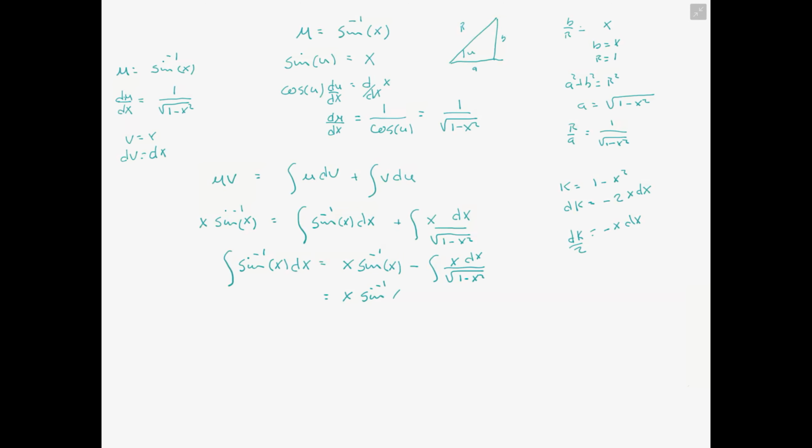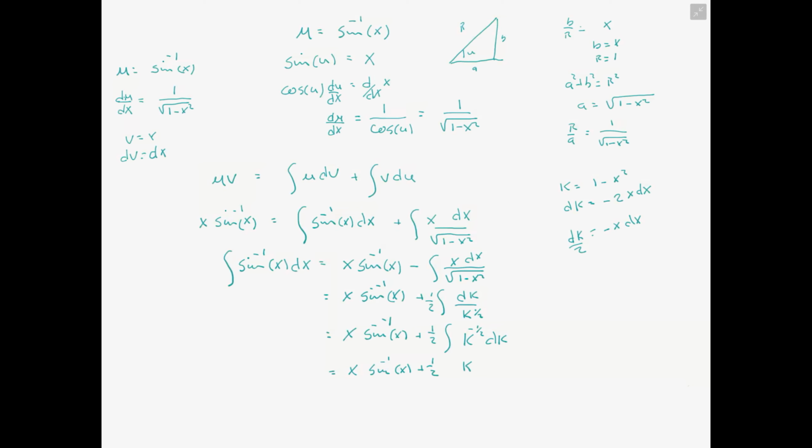We have x arc sine of x plus 1/2 k dk on k to the 1/2, and that's simply x arc sine of x plus 1/2 k to the minus 1/2 dk, and that is x arc sine of x plus 1/2.